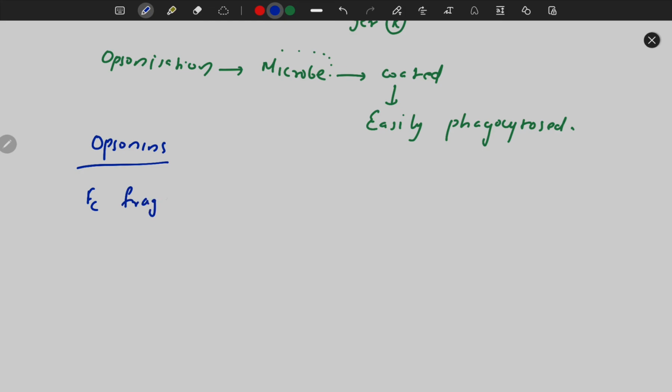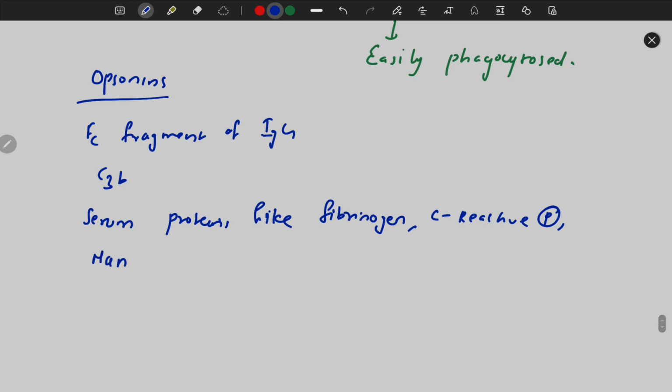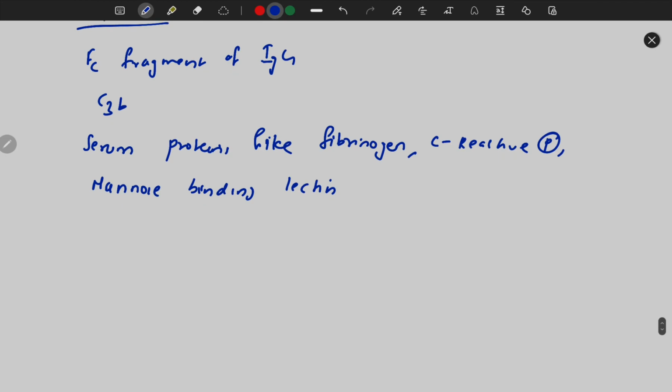The Fc fragment of IgG, then the C3b fragment, and serum proteins like fibrinogen, then we have C reactive protein and mannose binding lectin. So these act as opsonins.